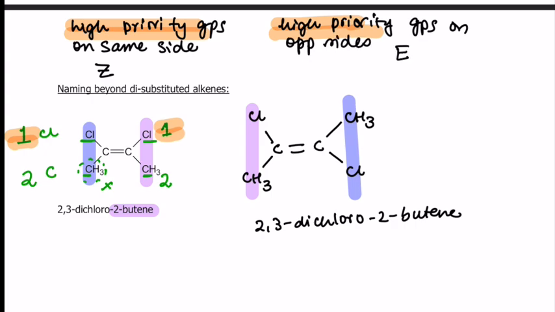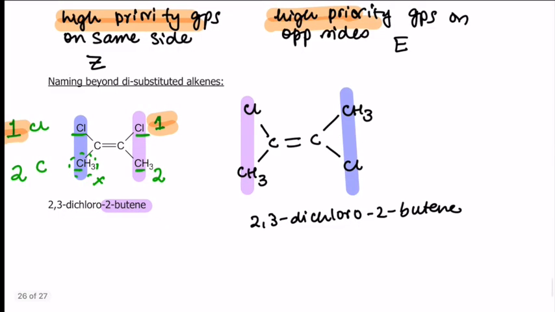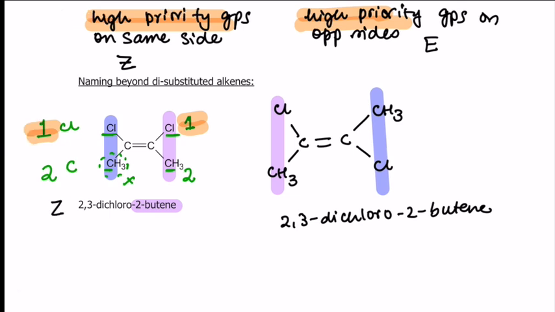So, because the two high priority chlorines are on the same side, this isomer becomes Z. In this case, going back between chlorine and carbon, chlorine is high priority 1, low priority carbon 2. And again, these two high priority groups are on opposite sides, so they get the designation E for Entgegen, or anti each other.